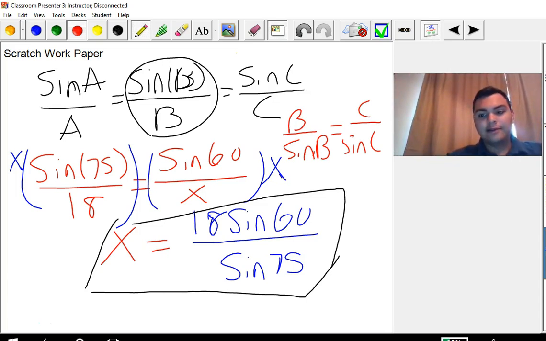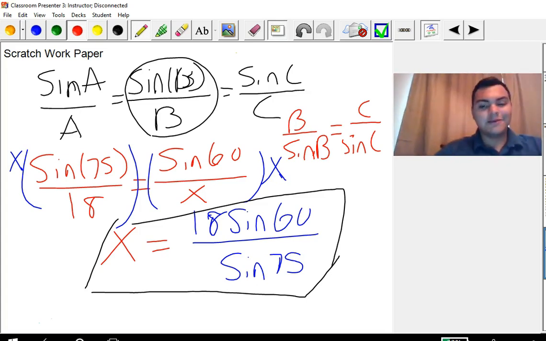It doesn't matter. What I didn't do in this problem was decide where I wanted the x to be, but that's my fault. It just made it one more step. It didn't change the value of the problem. So x is going to be whatever value that turns out to be, and that's the answer to that problem.